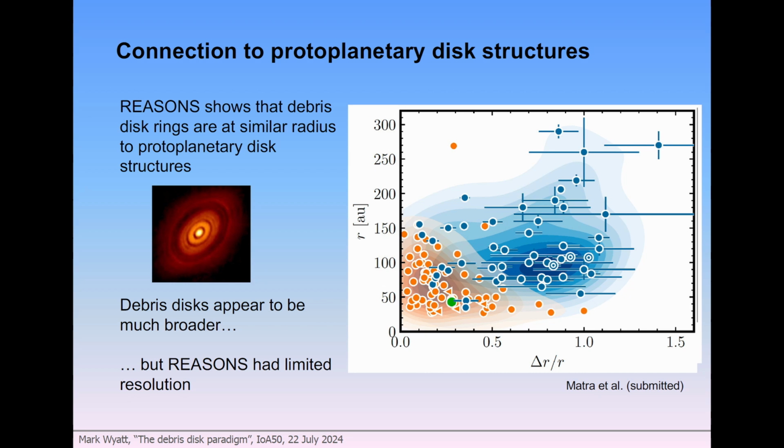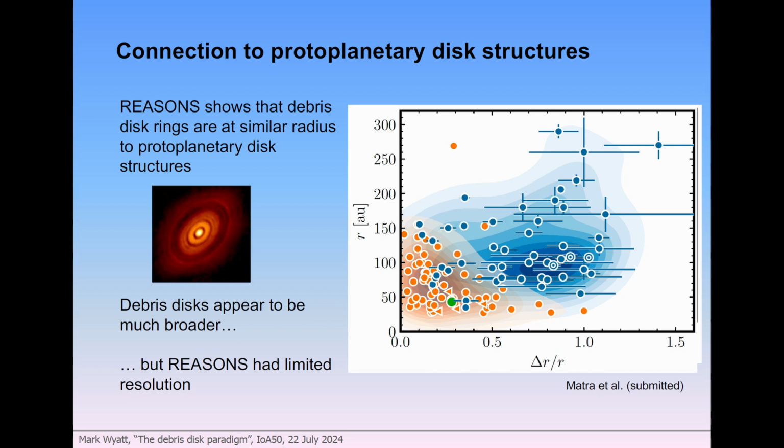That's what's summarized on this plot, which shows the radius of the belts and the fractional radial width. In blue are the debris disks, the planetesimal belts seen around all the stars, and the structures seen in protoplanetary disks. And you can see that in terms of the radii, where the planetesimals are, they are very comparable between the protoplanetary disks and the debris disks.